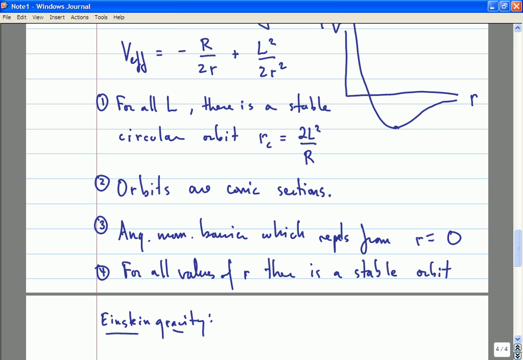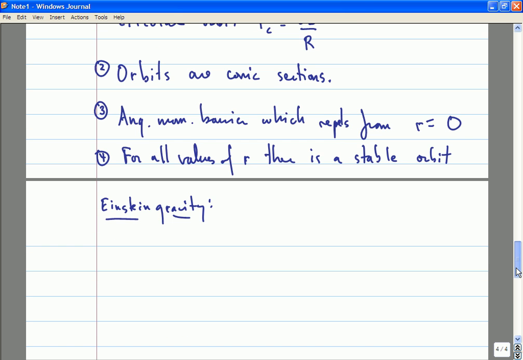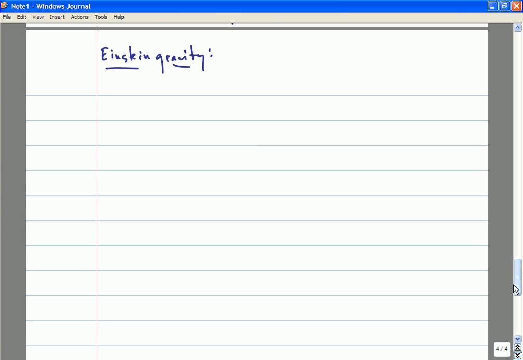So in Einstein gravity, the first two terms in the effective potential are identical. We have a 1 over r term, which is the standard Newtonian gravitational potential. We have an angular momentum barrier, and we have a magical new term, which is the new relativistic term, which is proportional to 1 over r cubed.